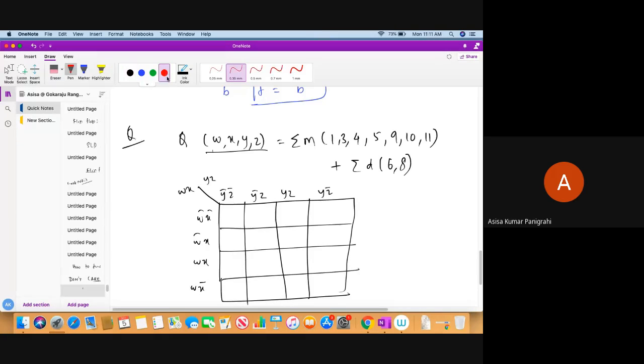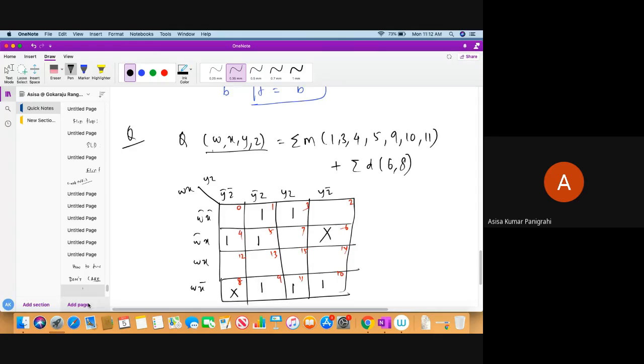So these are my minterm positions, which are actually 0, 1, 2, 3, 4, 5, 6, 7, 8, 9, 10, 11, 12, 13, 14, 15. Next, I can put those minterms, where 1 is present, 3 is present, 4, 5, 9, 10, 11, and 6 and 8 are don't care.